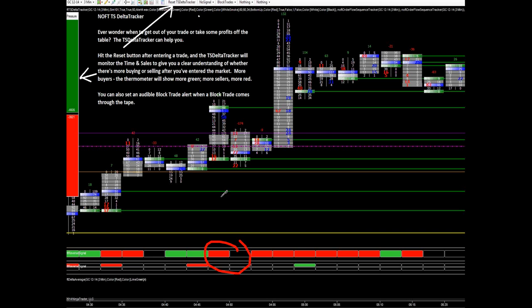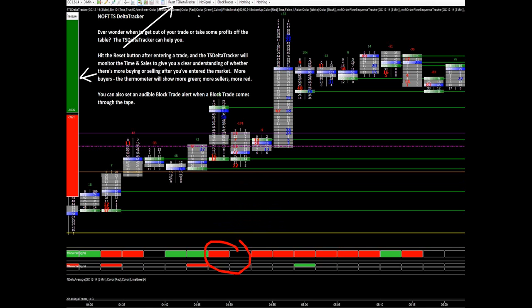So the idea is, hopefully, if it can mean the difference between spending 2 or 3 hours versus 4 or 5 hours to get whatever your profit target is for the day, then I'm all for it. And it can be automated, but it's not going to be able to do that at this time.